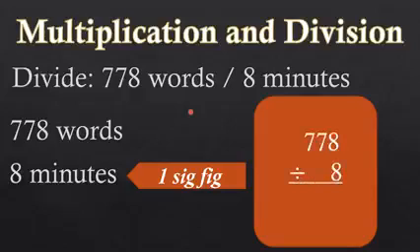778 divided by 8. The answer is 97.25. Okay? 778 divided by 8 is equal to 97.25. Again, final answer must have 1 significant figure. So, ano kaya yung magiging sagot natin dito? So, we will round 97.25 to the nearest tens.